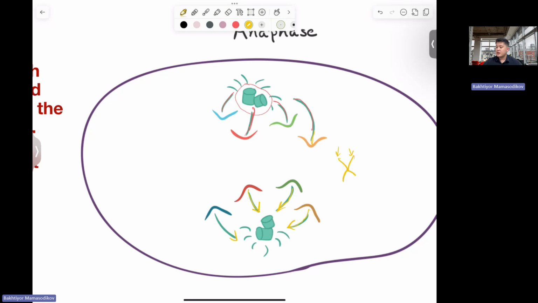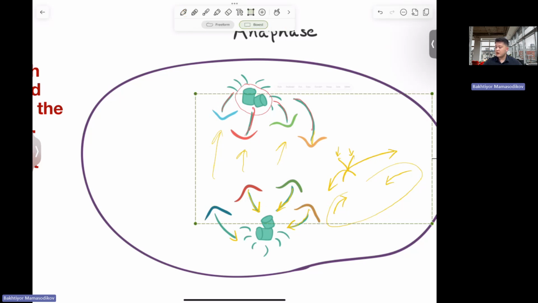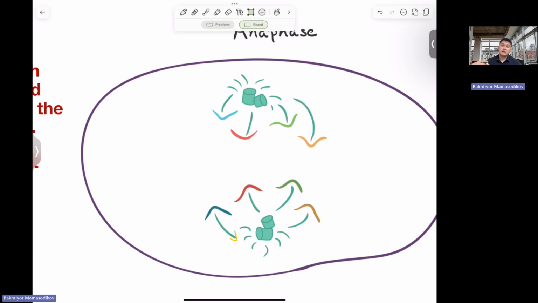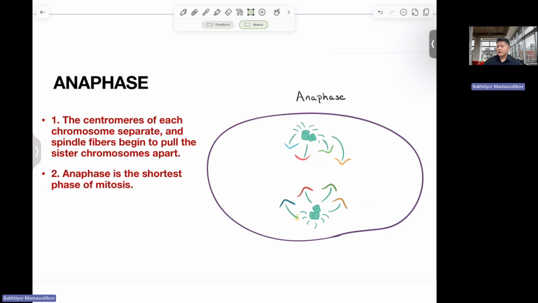After the S phase, when they pull it apart, they will have this kind of look, and you can see it here. So that means sister chromatids are separating. I explained what sister chromatids are in the first video of mitosis. Anaphase is the shortest phase of the mitosis. You also have to know about it. So this is anaphase. Sister chromatids are pulling apart.